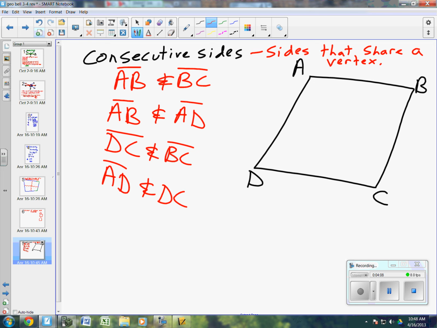Okay. Then we have consecutive angles. What are consecutive angles? Okay. Angles that share a side on a polygon.